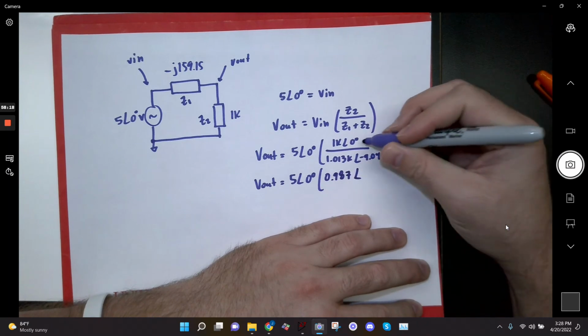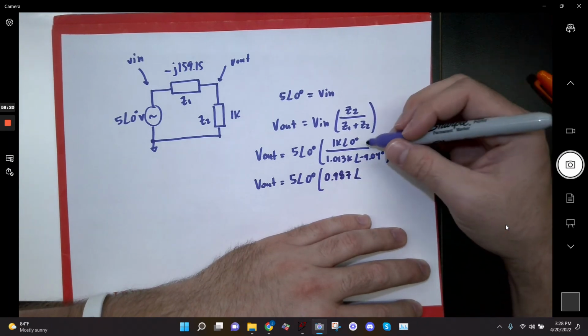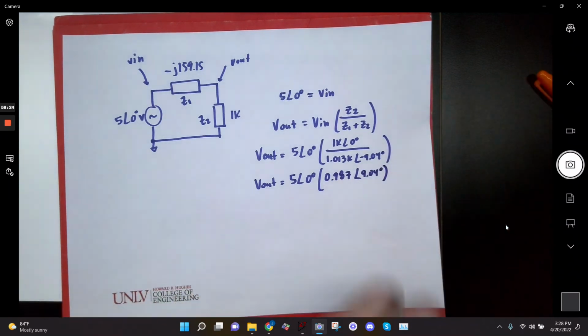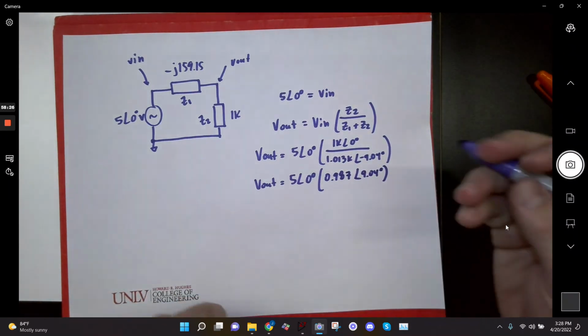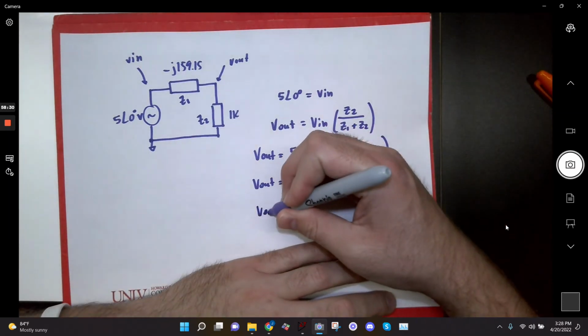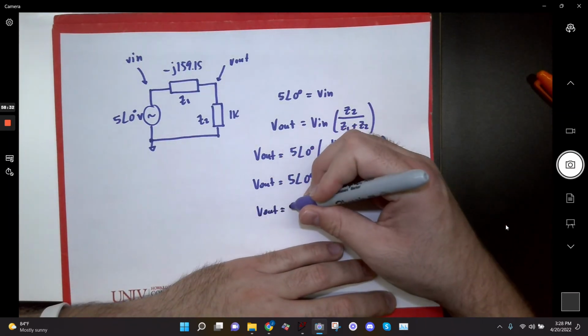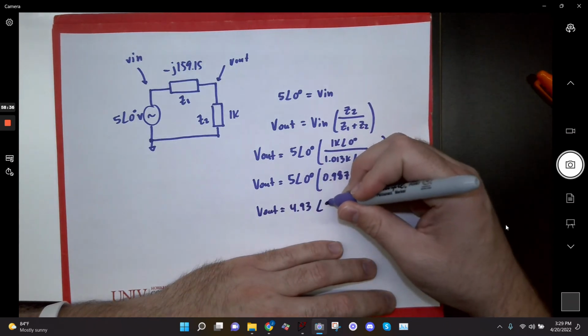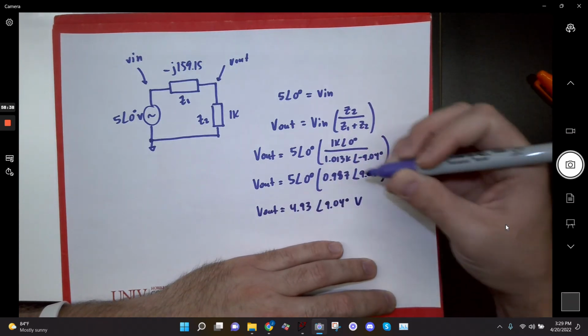And then my angle, I subtract them, right? So it'd be 0 minus negative 9.04, which would be 9.04. Now I can multiply these two phasors. 5 times 0.987 gives me 4.93. And then my angle, as I add them, 9.04.